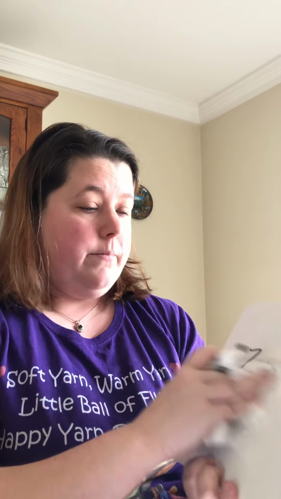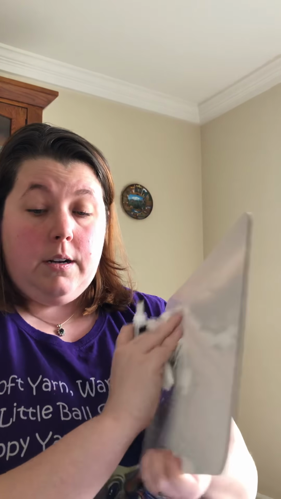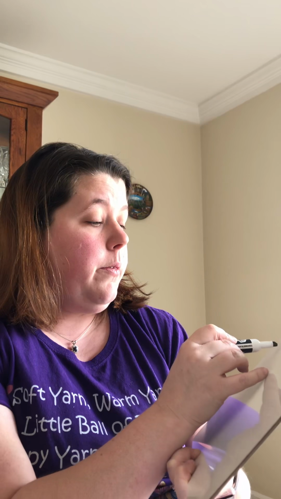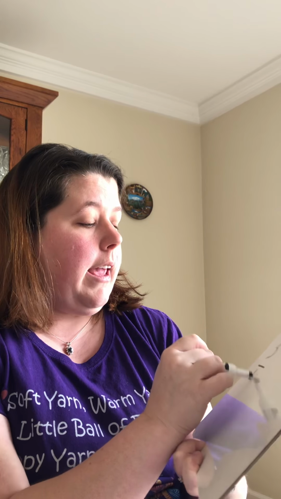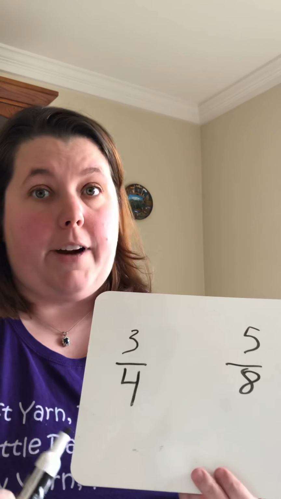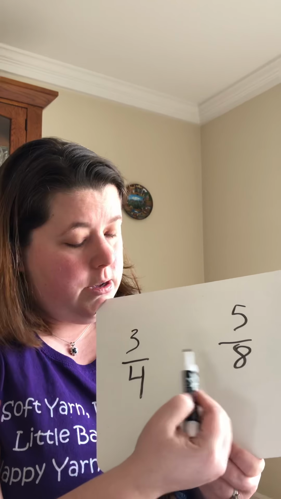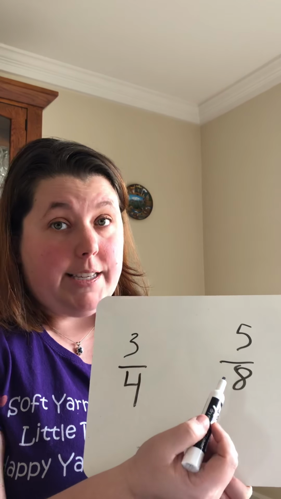Let's try a couple more. All right, we'll try one more. Let's see, 3/4 and 5/8. This one's a little harder because the denominators are different. So we have to find a way to get the denominators the same.